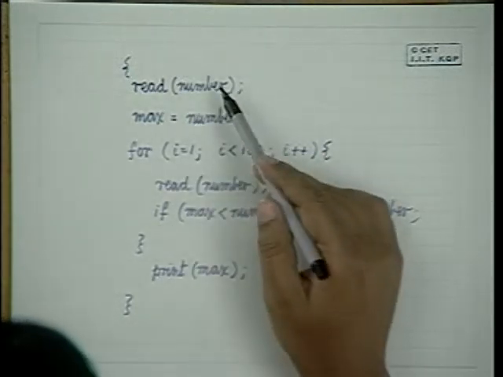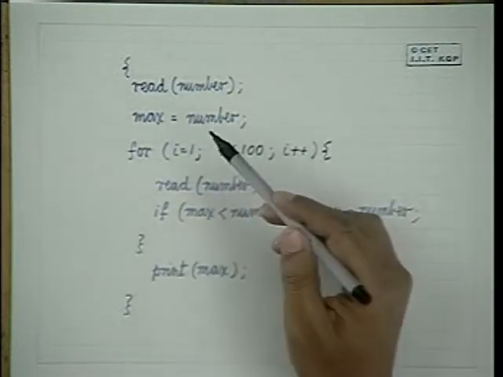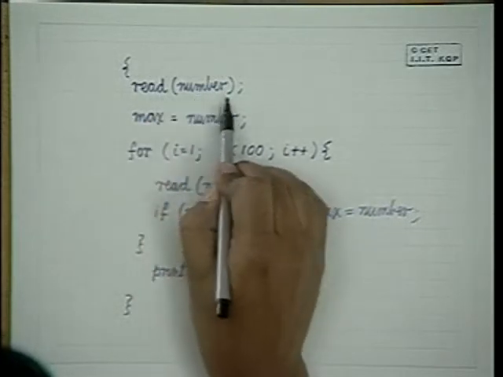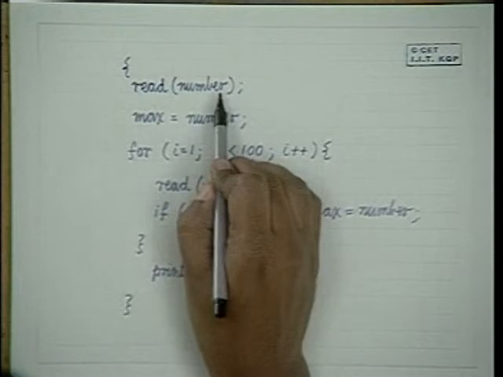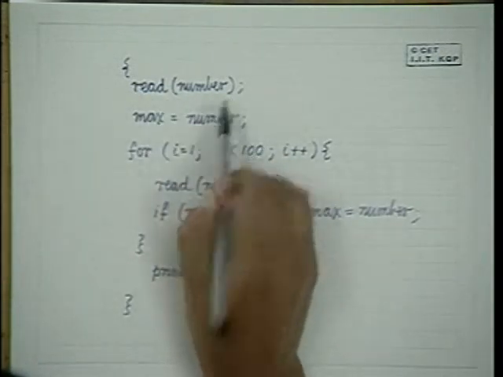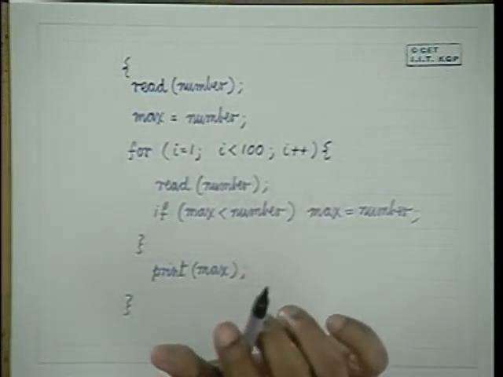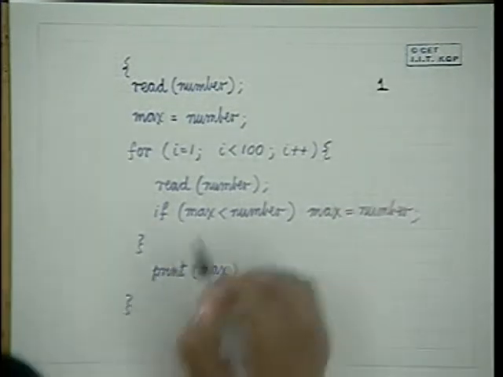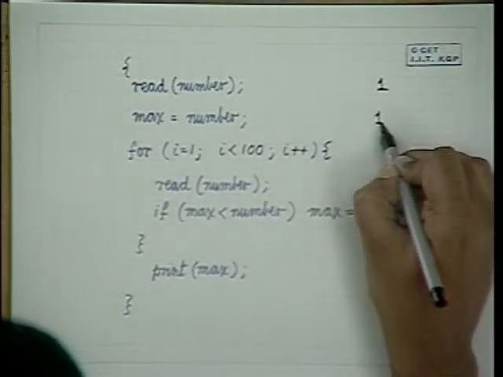You can make the same assumptions that you made for finding the number of steps. For example, this is a read statement, and what is the number of steps to read a number? Suppose all numbers are within a fixed size, and we'll say it takes 1 unit of time. This is an assignment statement which again takes 1 unit of time.